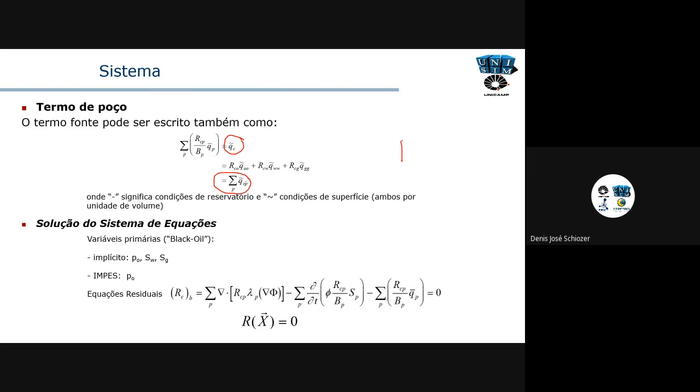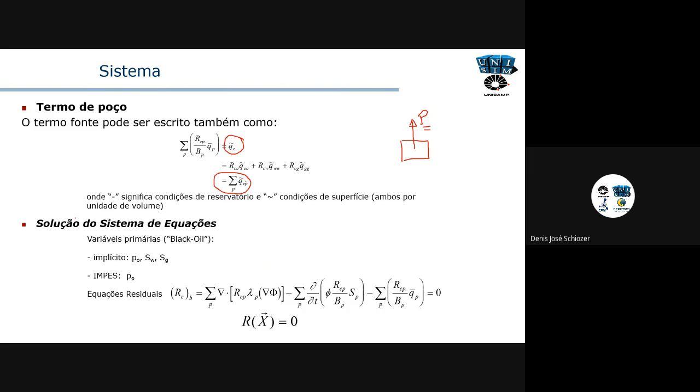If you have a producer well, we're going to study today how the well behaves, but we have to account for the phases that are in the block and the phases that are being produced from the block. If you are producing the oil phase, for example, then I have to account for the components inside the oil phase, and then I'm going to produce gas and oil and so forth.